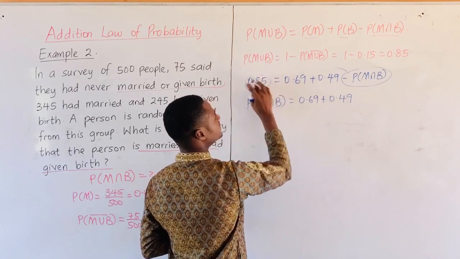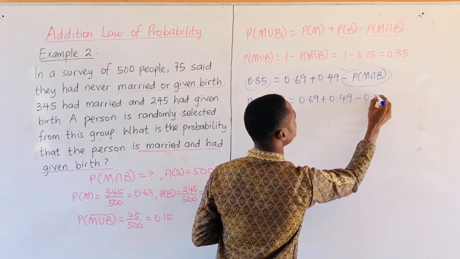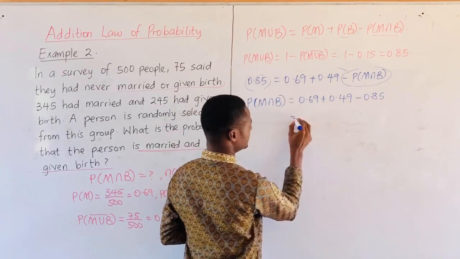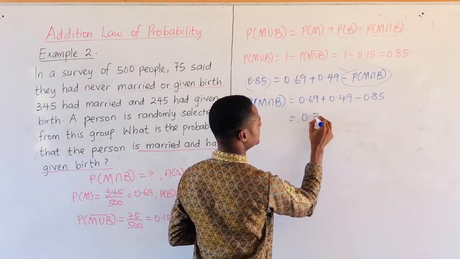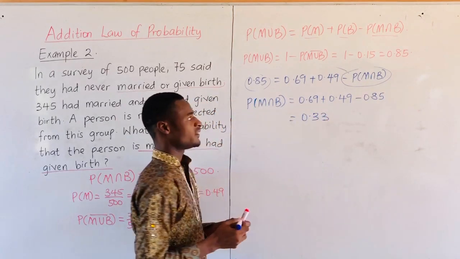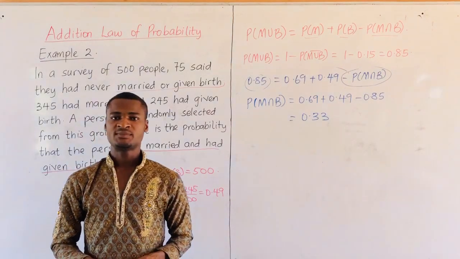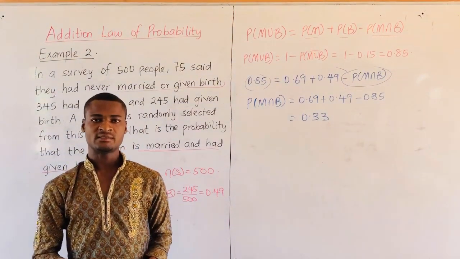Then we send this to the other side to become minus 0.85, and this will give us 0.33.